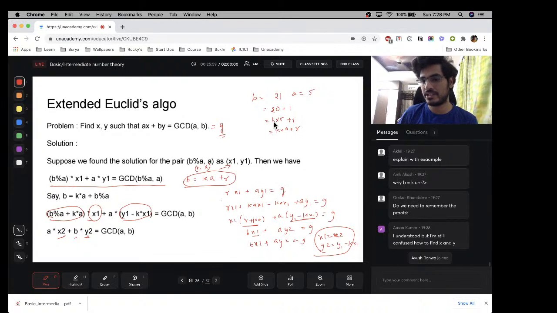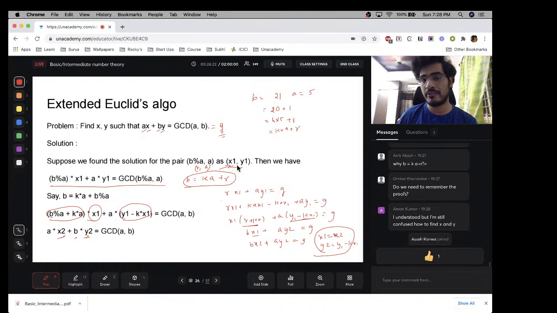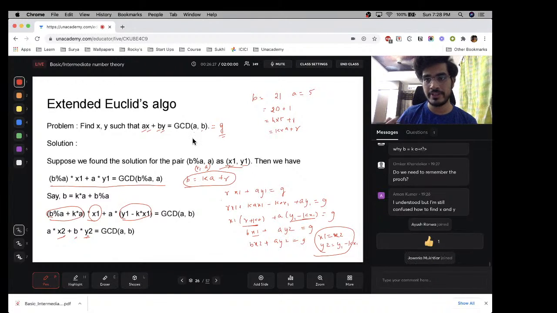R is 1 here, k is 4 here. So we have to find the x and y for a and b. For this, we first try to find x and y for r and a. Then using x1 and y1, we find x and y for a and b.